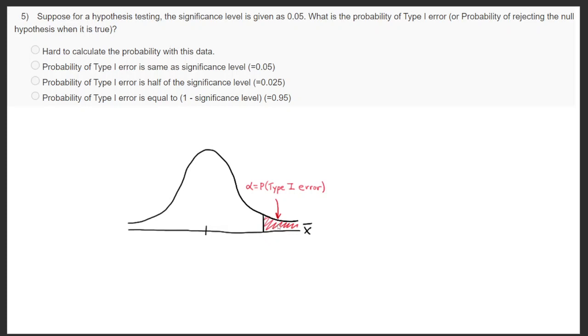Type 1 error can be found outside the confidence level, where 95% confidence level, or 5% significance level, is generally taken. So the probability of type 1 error is the same as the significance level, which is 0.5. So it is the area under this curve from x bar to infinity.